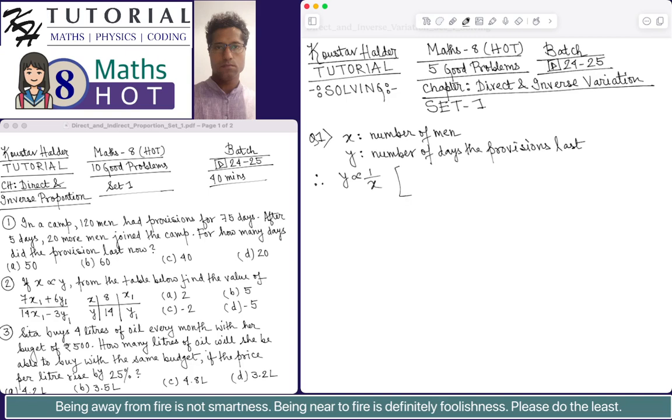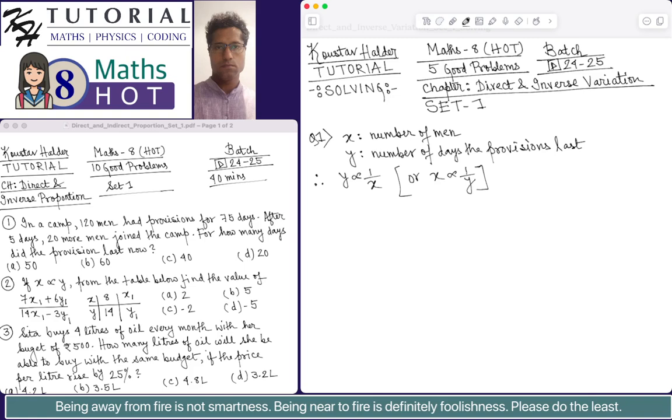We can also say, it means the same thing, x varies as 1 by y. It does not matter, these two variations are the same. That is, y varies inversely as 1 by x, or x varies inversely as 1 by y. These two things mean the same thing.